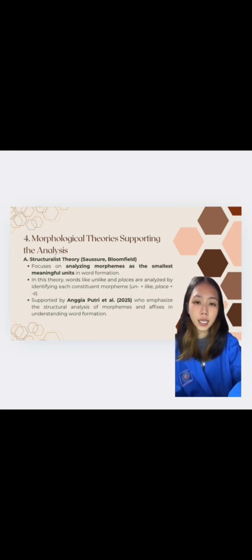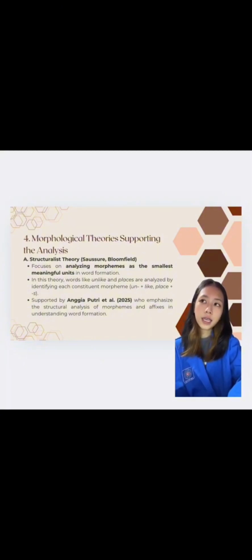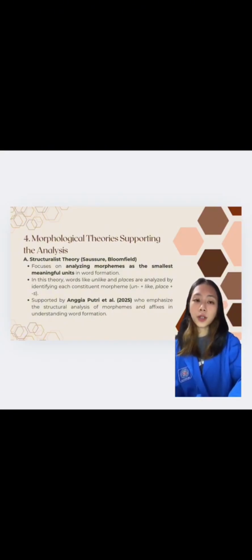The second, in this theory, words like "unlike" and "places" are analyzed by identifying each constituent morpheme: "un", "like", "s". Number 3, supported by Angia Putri et al. 2025, who emphasize the structural analysis of morphemes and affixes in understanding word formation.